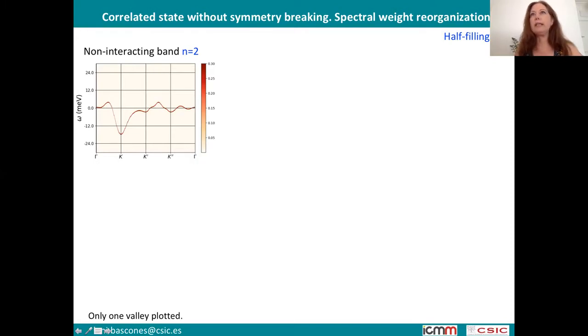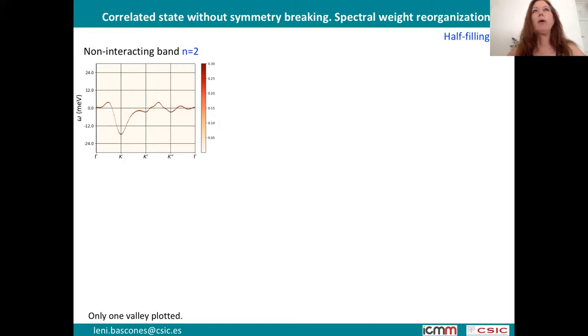The first thing we are going to see is how the spectral weight is expected to reorganize. Here you can see the non-interacting band. All the time I'm going to plot only one of the valleys, since the other one will have the same physics, just time reversed, or can be obtained by time reversal.